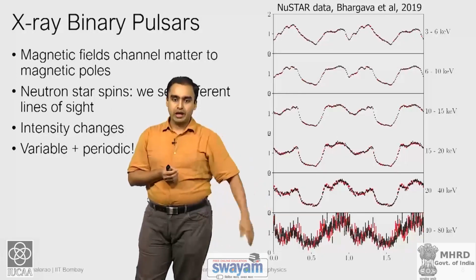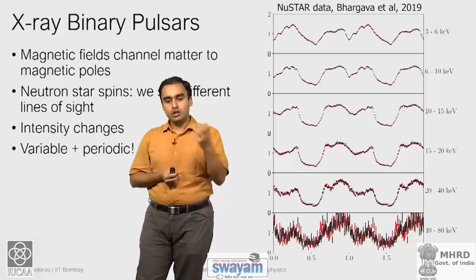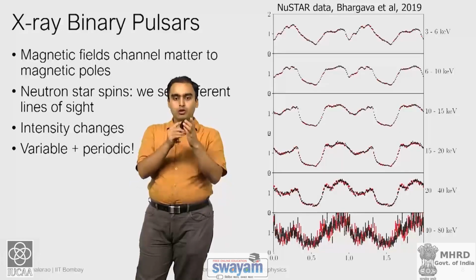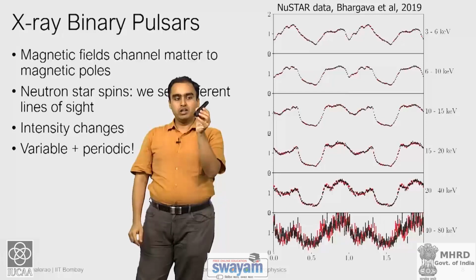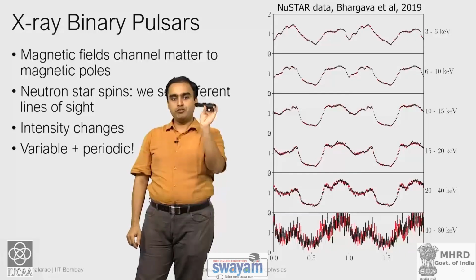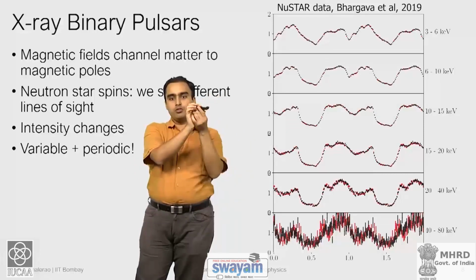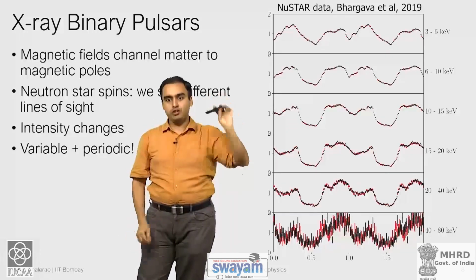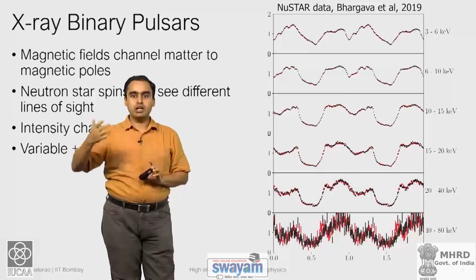And on the axis at the bottom, what is plotted is a number that goes from 0 to 2, that is simply the phase of rotation. So, when the neutron star is at a certain orientation, I call this phase 0, when it completes half a turn it is phase 0.5, full turn is phase 1, and then I am plotting 2 turns. So, it goes to phase 1.5 and phase 2. And you can see that at different energies the pulse profile actually looks different.